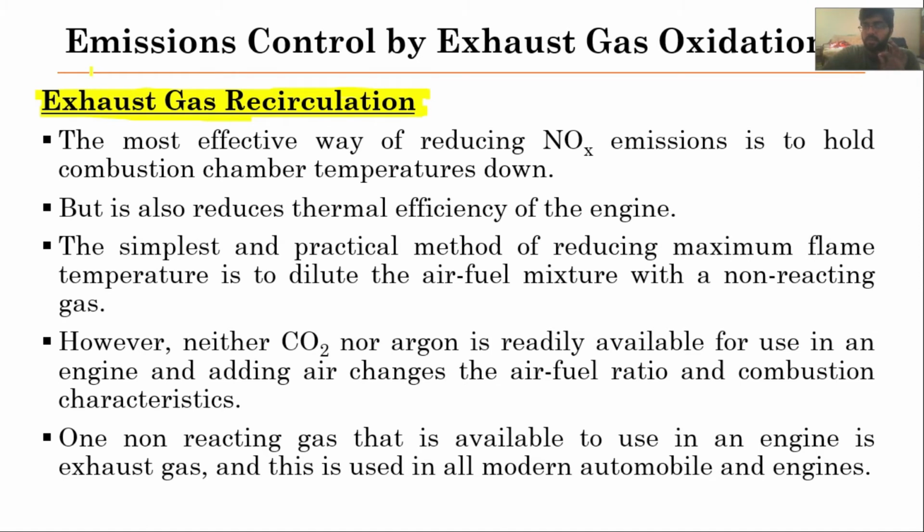What we are doing is diluting the air fuel mixture, and we can dilute it either by using carbon dioxide gas or maybe some argon gas. Again, these gases are not readily available, so we cannot use them. So what is the readily available gas which we can use? That gas is the exhaust gases which are produced during the combustion. So we use these exhaust gases for that purpose.